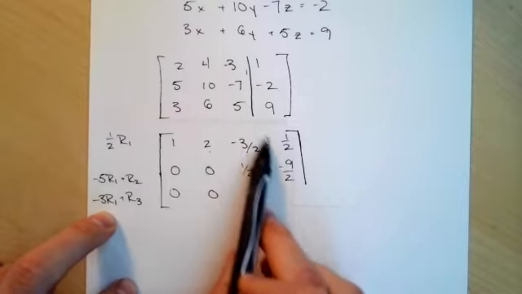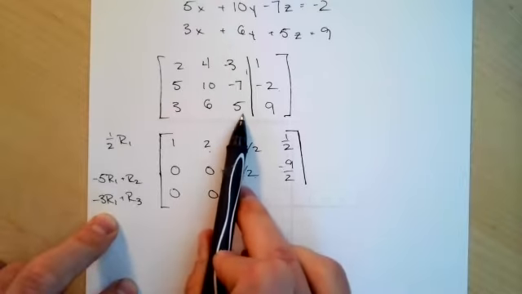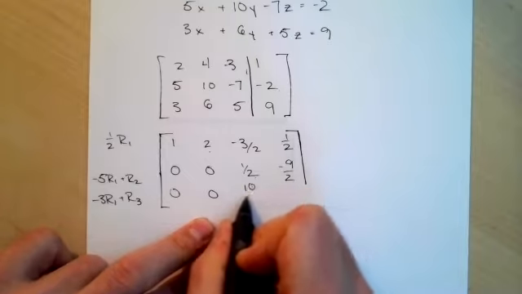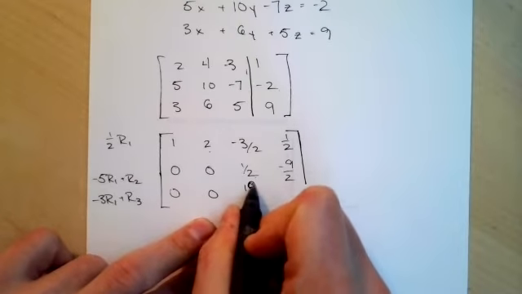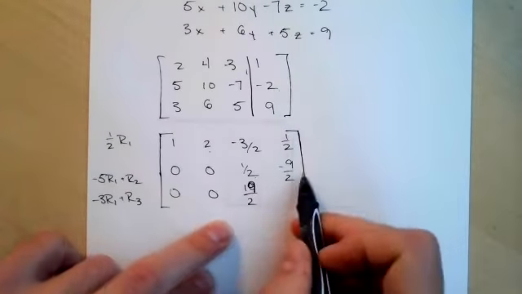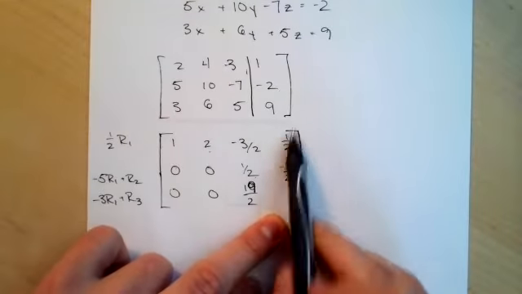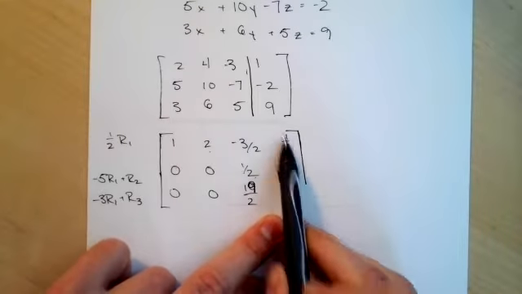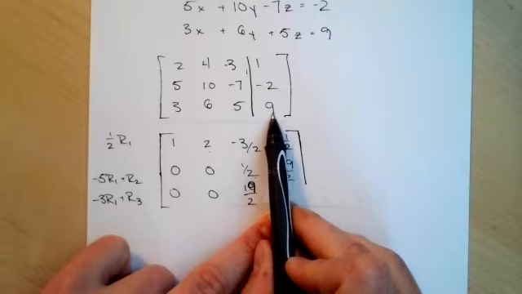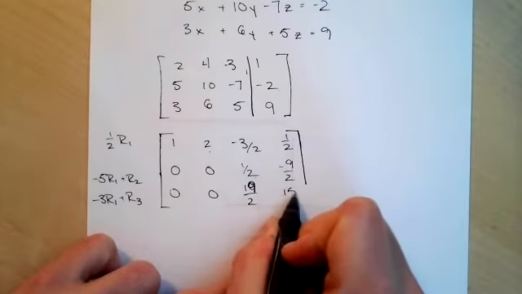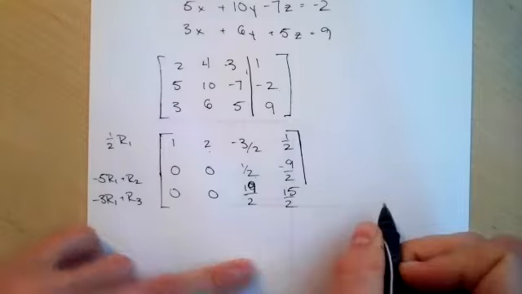So that'll give us 9 halves plus 5, which is 10 halves, giving us 19 halves. And then in our constant, we will have minus 3 halves plus 9, which will give us 15 halves.